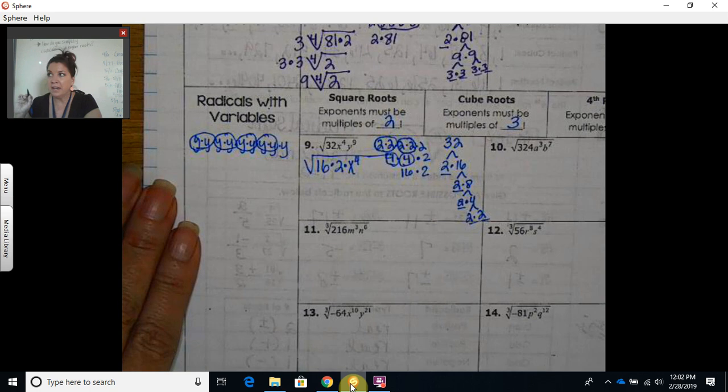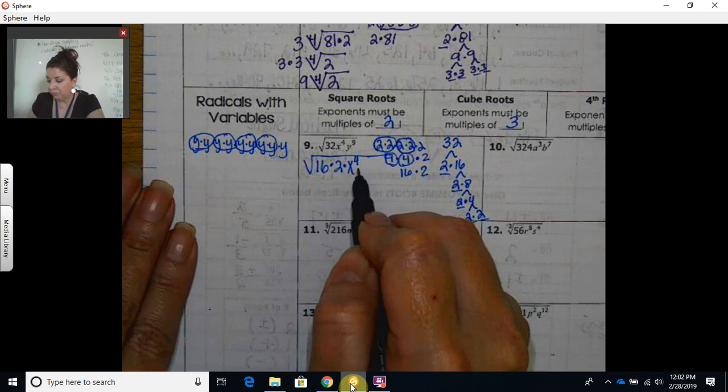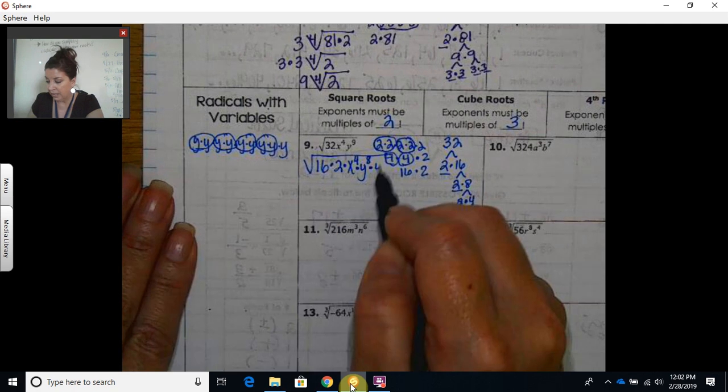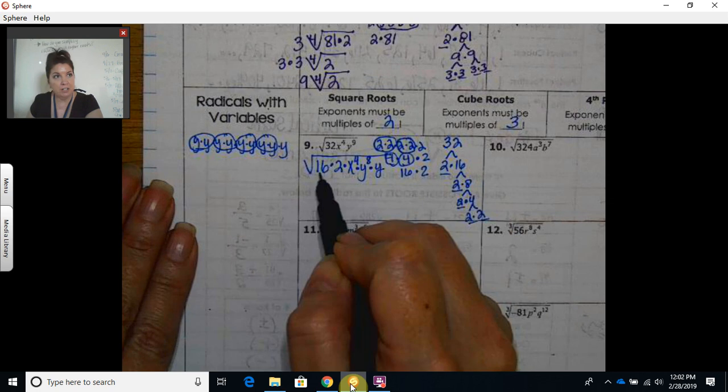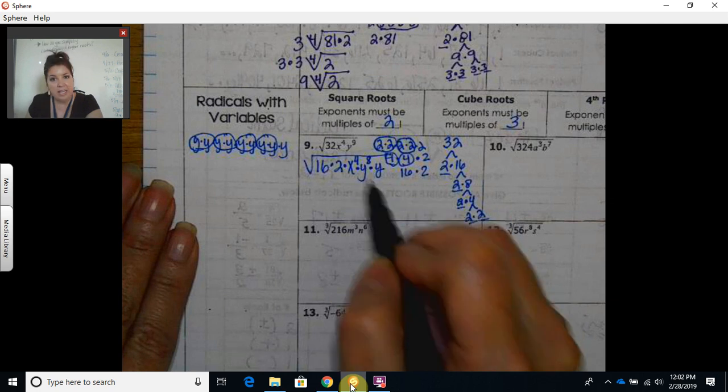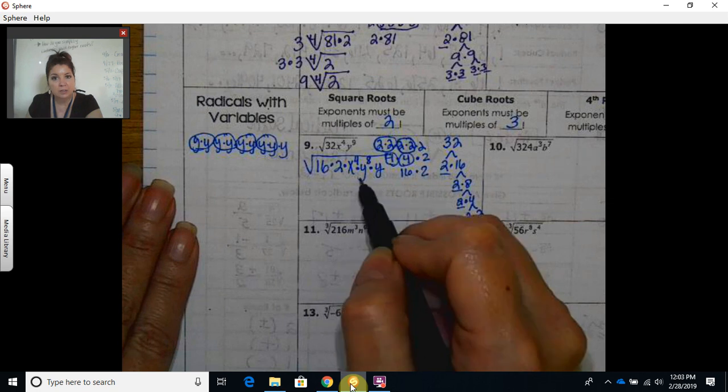So if I rewrote that as y to the 8th, don't I have 8 y's there? Times y. I'm writing factors just like I did for 32. Instead of 32, I wrote 16 and 2. Instead of y to the 9th, I wrote y to the 8th times y. Okay? So could I take the square root of y to the 8th? What do you think it is? Y to the 4th. I had 4 sets, okay?